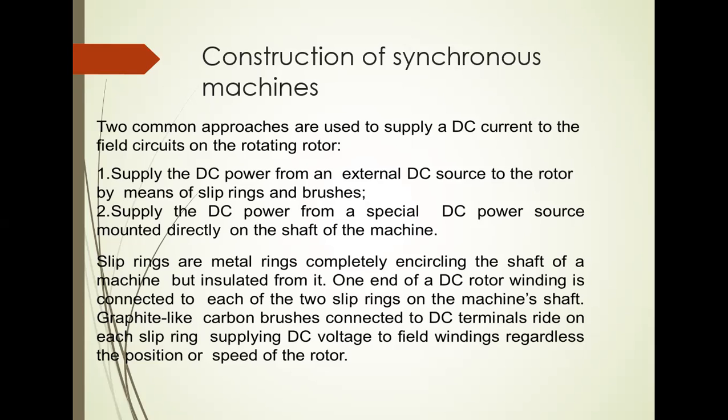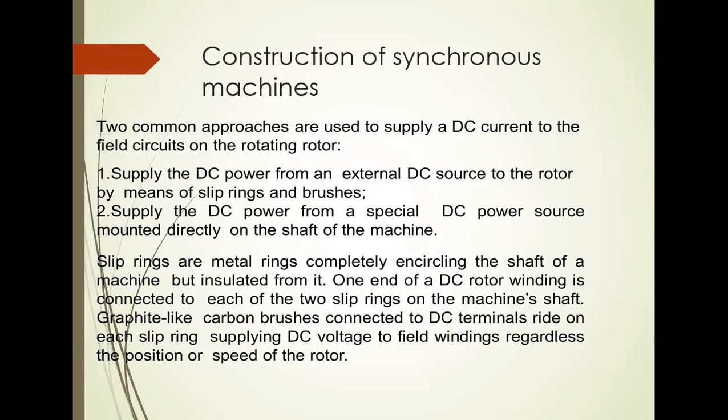In some machines, graphite-like carbon brushes connected to the DC terminals ride on each slip ring, supplying DC voltage to the field winding. Some special material is used in slip rings to reduce the losses.